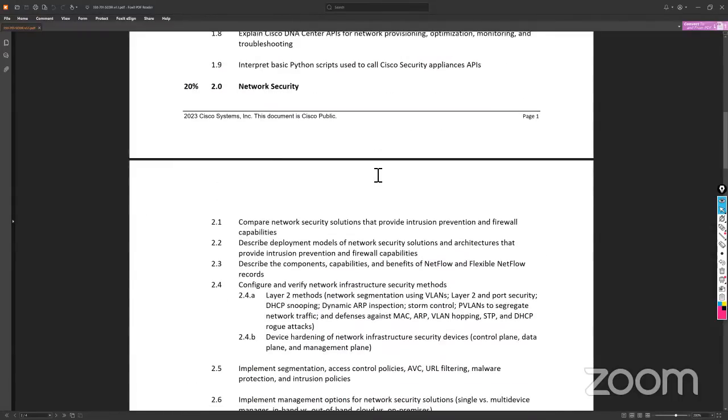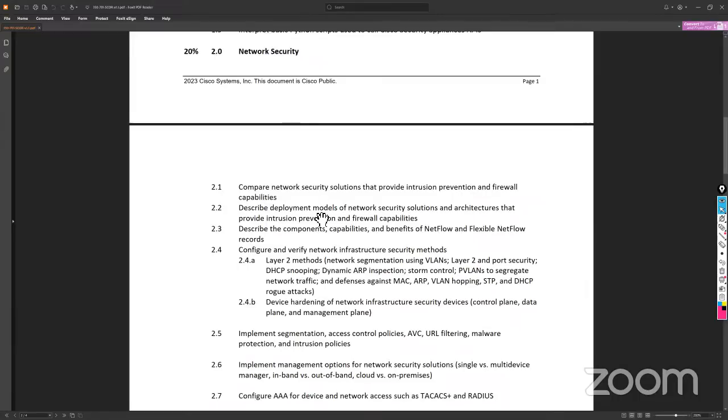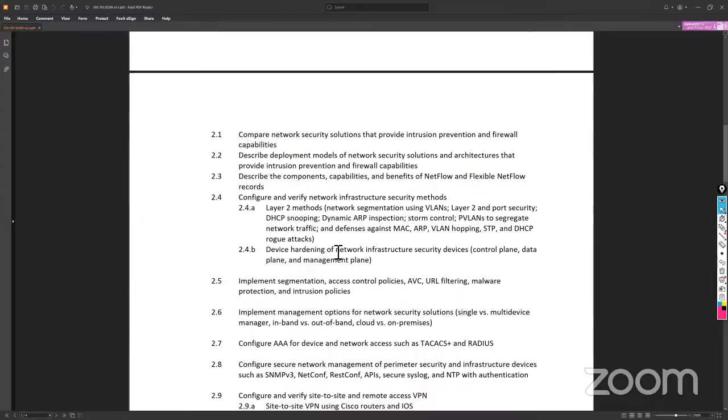In all of the other sections, you would see things like configure, verify, and implement. This is where you should know how the configuration pieces work. If Cisco says you should be able to configure and verify network segmentation using VLANs or port security, you should know what commands go into configuring switch-based port security and how to verify that configuration, maybe through a debug or a show command.